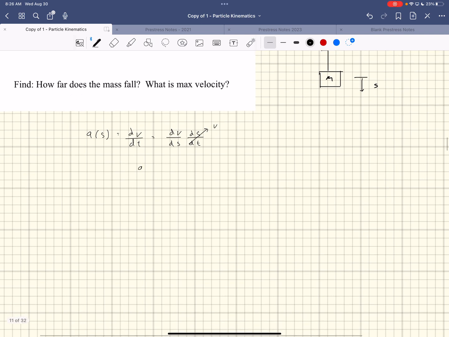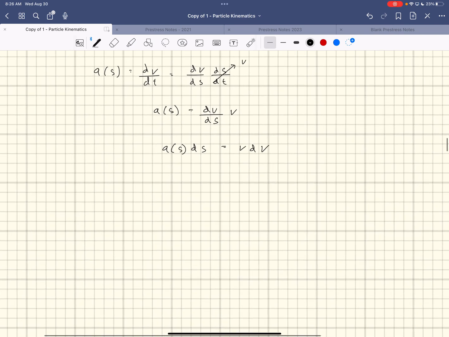And so then we have a of s is equal to dv ds times v. Put the ds's together. A of s ds is equal to v dv. You could jump right to that too if you wanted to. I just wanted to rederive where that came from. Careful of these, don't just integrate with respect to time, it doesn't work, right?